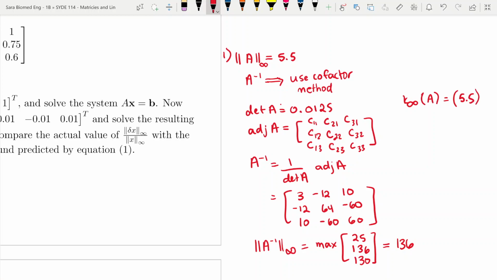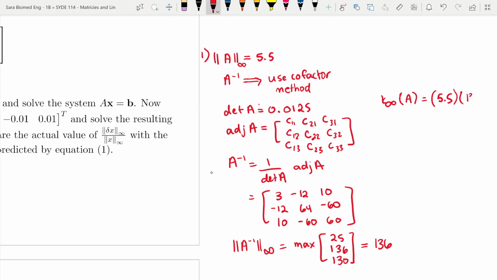This is 130. And the max value is 136. Therefore, we can compute the condition number of A to be norm of A times norm of A inverse. So that's 5.5 times 136, which is 748.